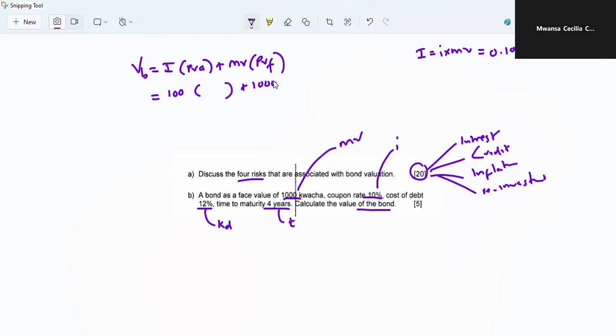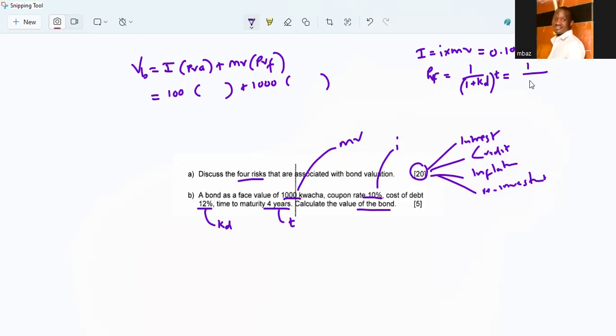Then how do you calculate the present value factor? One over 1 plus KD to the power n. So what do we put here?